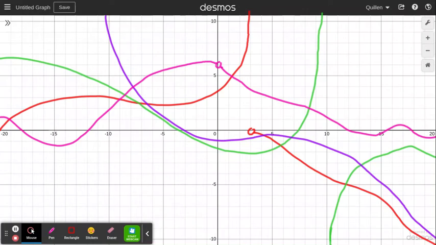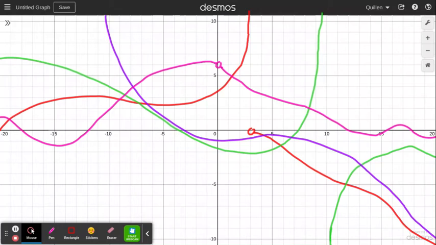Now, I want you to pause and find the limit as x approaches 10 of this green function. No left hand, no right hand, just the limit. Okay, I hope you decided that the limit does not exist. The reason that the limit does not exist is because from one side, the limit approaches infinity, and on the other side, that limit is negative infinity.